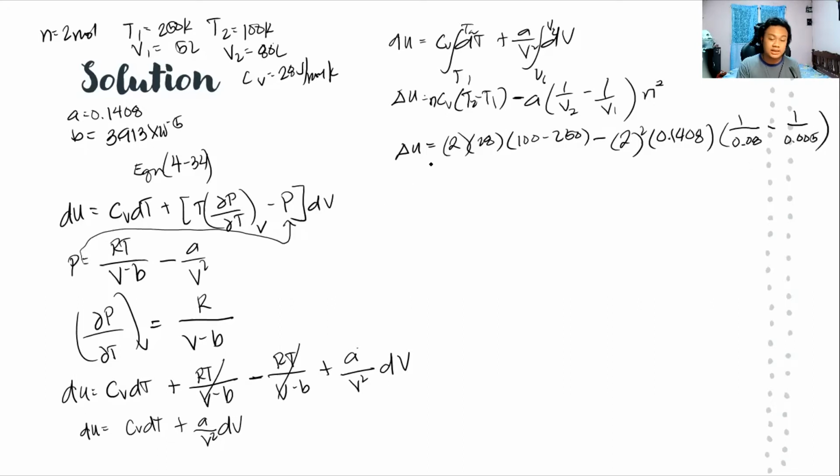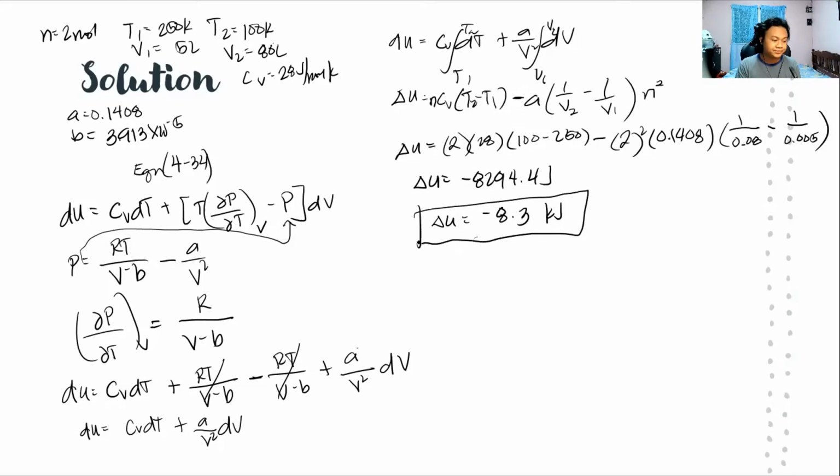And then we have negative 8,294.4 joules. We are asked to convert this to kilojoules, so just divide by 1000, and then you will have negative 8.3 kilojoules.